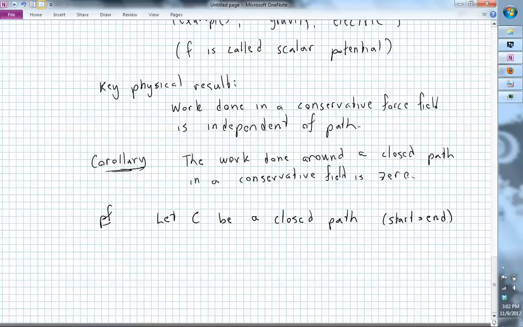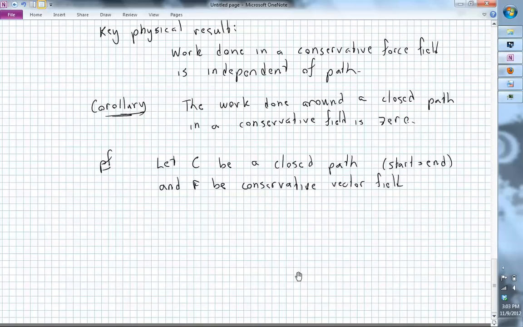So let C be a closed path and F be a conservative field. And let's compute the work. So that's the work integral around this curve.